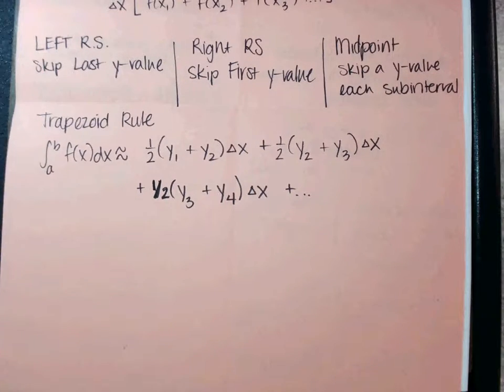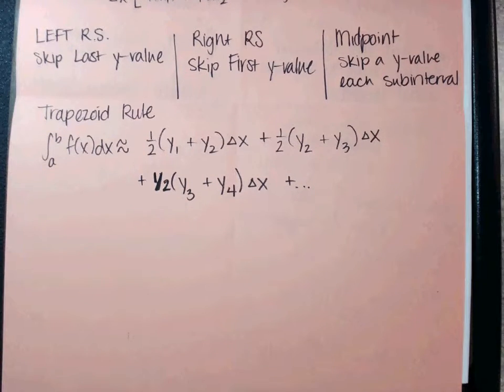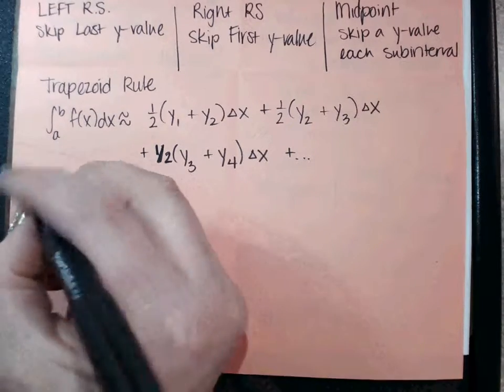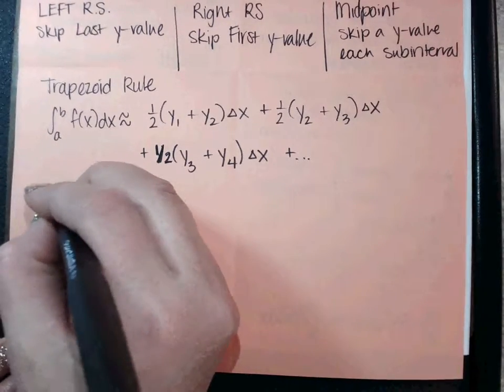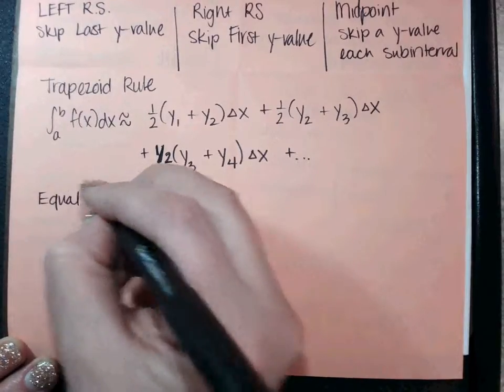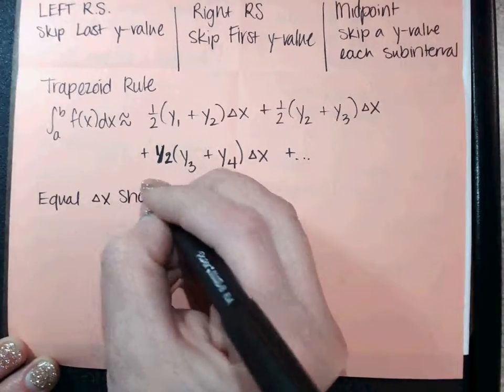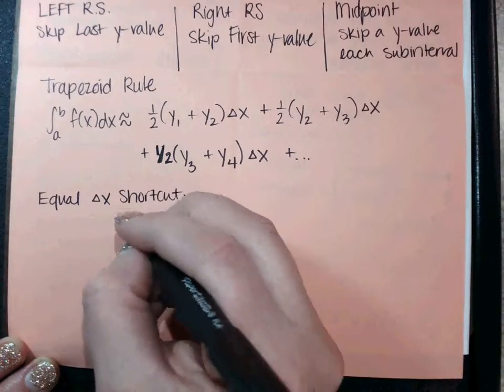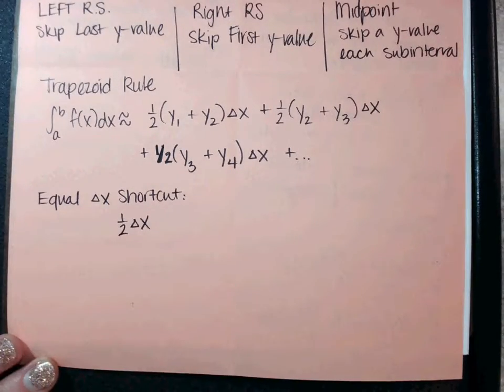Now, if you have equal subintervals, do you remember we noticed a pattern that allowed us to condense a lot of that formula? Okay, so if you have equal delta x's, this is your shortcut. Remember, only if they're equal, you can take out the 1/2 and the delta x. And then do you remember what you do with your bases?